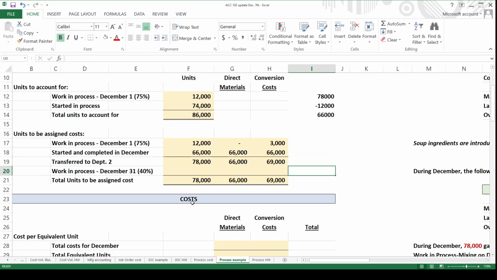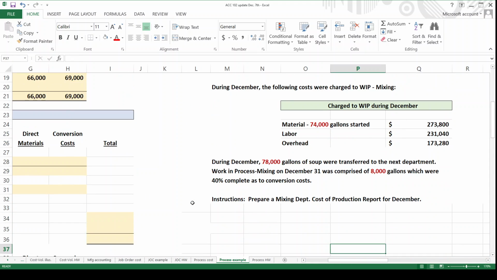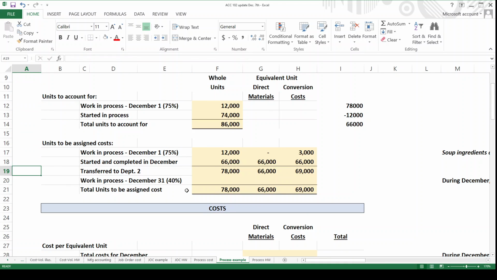Okay. Now, the bottom here, equivalent unit-wise, we had 8,000 units in the ending WIP. And how do we know that? Because we were told there's 8,000 units, which are 40% complete as to conversion cost in the ending work in process. Okay, so let's go back over here, and that's going to be 8,000 units.